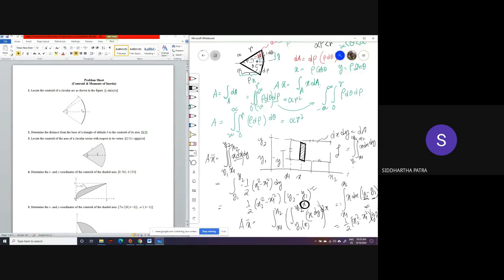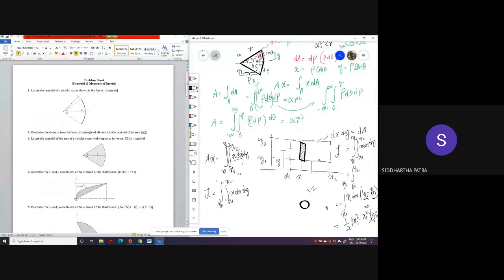We can write this integration I over here, integration x dx dy, ranging from x1 to x2 and from y1 to y2, as a product of two integrations: y1 to y2 and x1 to x2 of x dx.